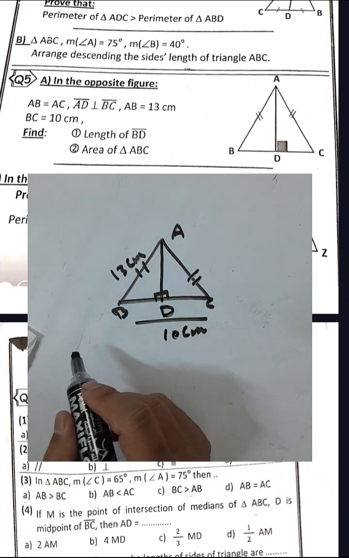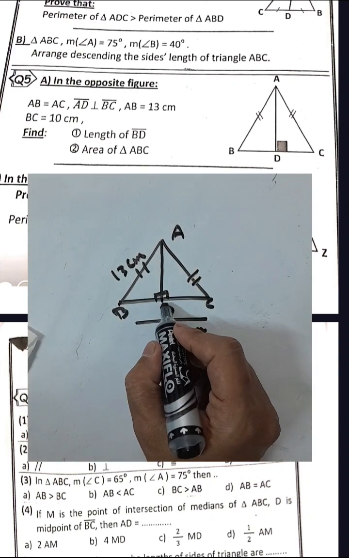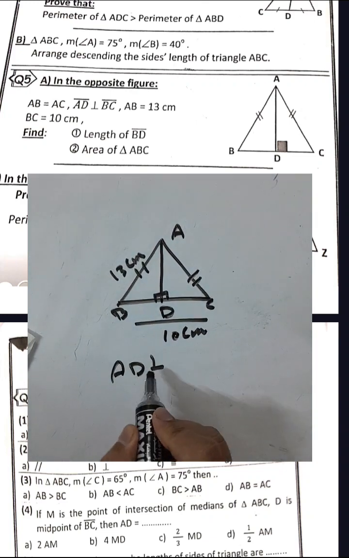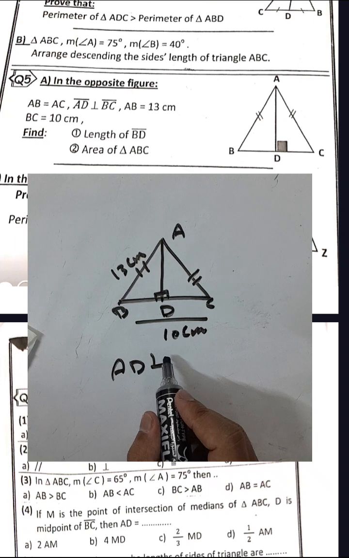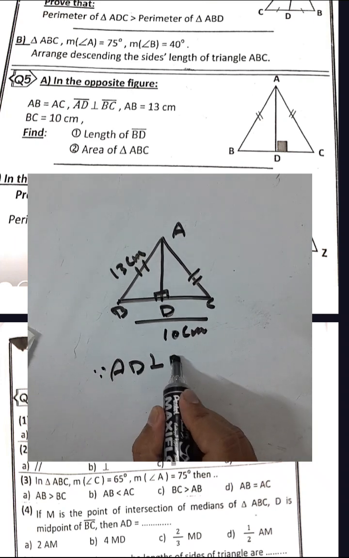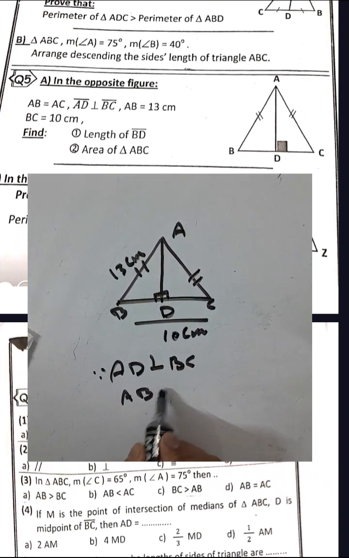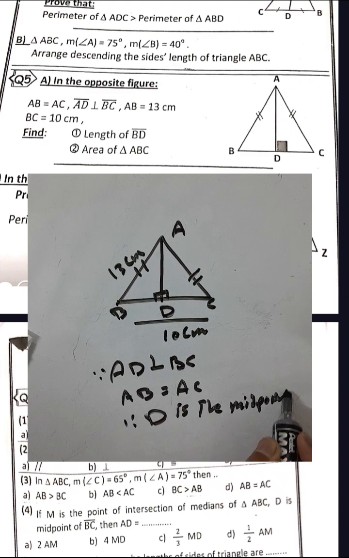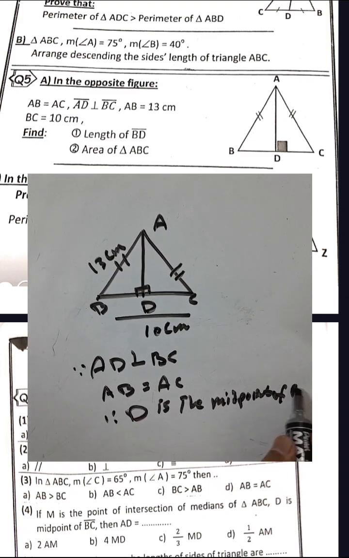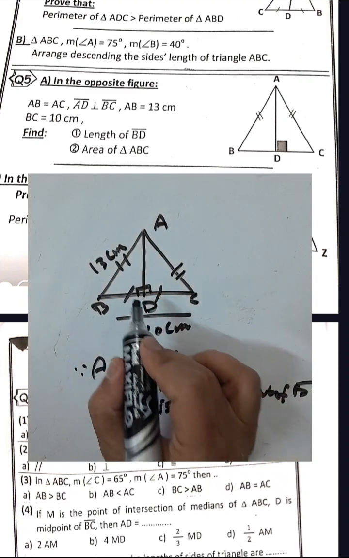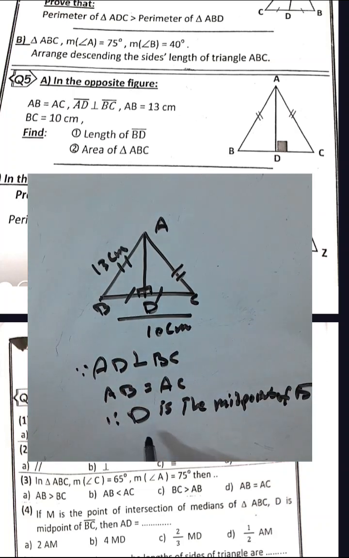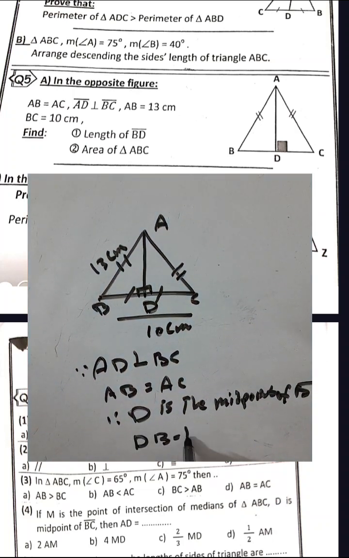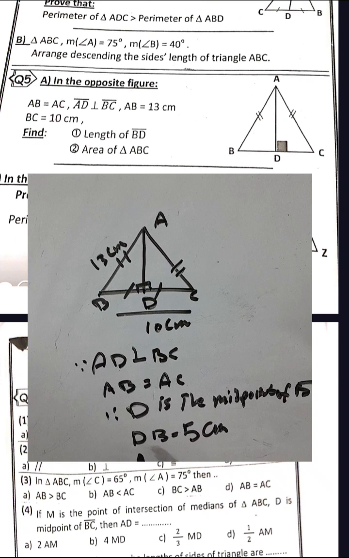We have an isosceles triangle, and AD will be perpendicular and bisect the base, such that AD is perpendicular to BC and AB equals AC, then D is the midpoint of BC. Then DB equals half of 10, which is 5 centimeters here.